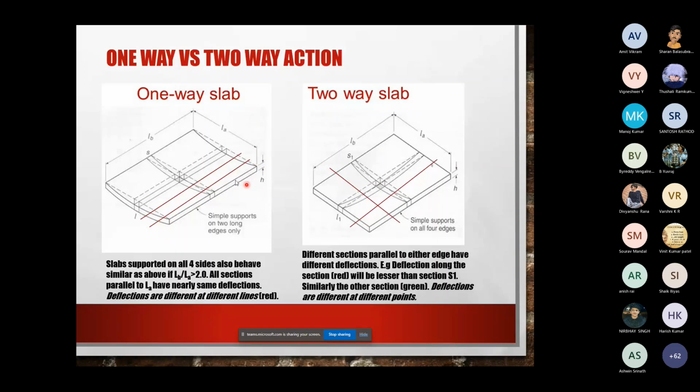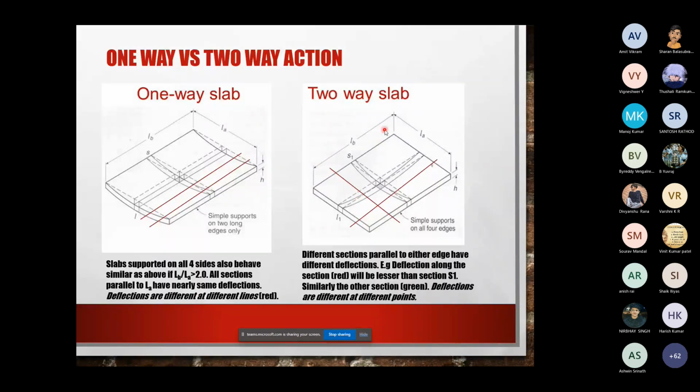You come here, this will be a straight line. Only thing, it will be a little bit down, but all sections parallel to this will be straight lines. All sections parallel to this direction will be all curves, which basically tells you that bending takes place along only one direction. So this is what a one-way slab is.